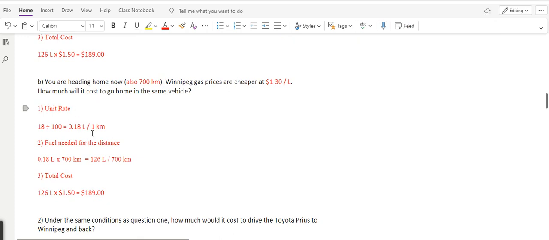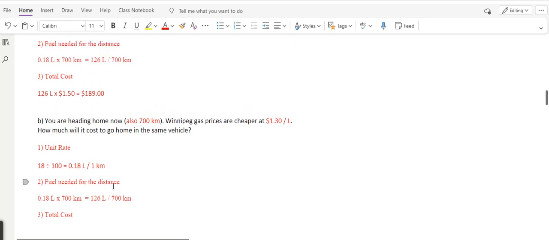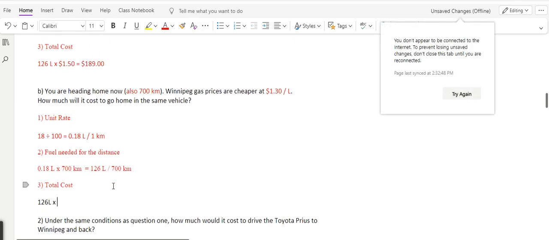Well, same kind of idea. The unit rate is still 0.18 liters per 1 kilometer. We still need 700 kilometers. The only thing that changes is going to be the cost. And so we're going to take our 126 liters and multiply it by this $1.30.